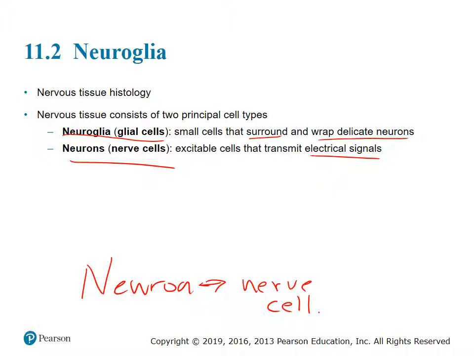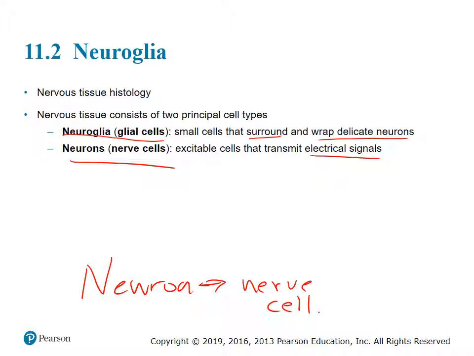There hasn't been historically enough attention placed on the neuroglia in science when we did research. We've always been researching neurons and how neurons work and how we can repair them and how we can grow them or how we can make more neurons. So there's been a lot of research on that primarily.